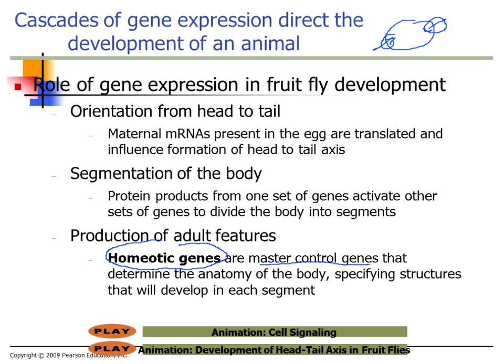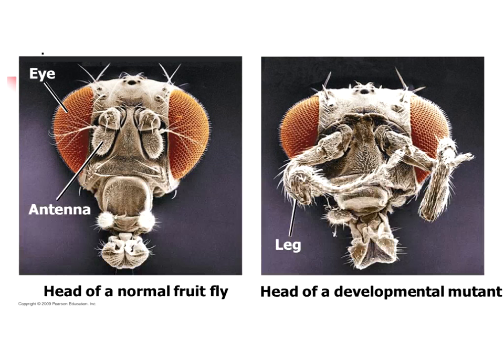So I'm going to give you just one example of how homeotic genes can exercise control over that. Here is an example of how people figured out that there are these master control genes. Here is a fruit fly. Normally, the fruit fly has these two eyes.